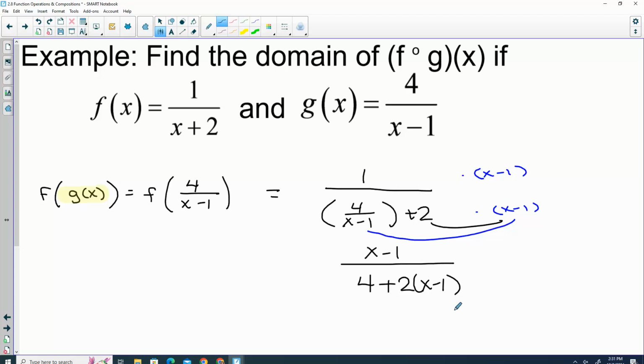You guys okay with me to that point? So top is just x minus 1. Bottom we have 4 plus this would be 2x minus 2. So I get x minus 1 over 2x plus 2.